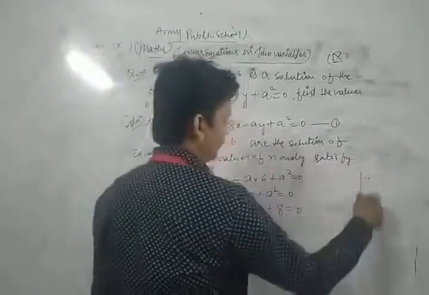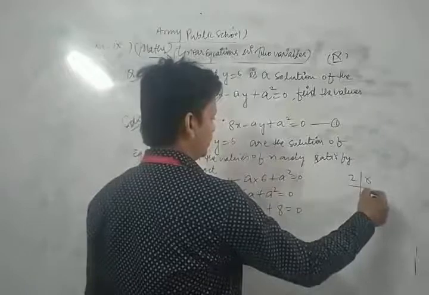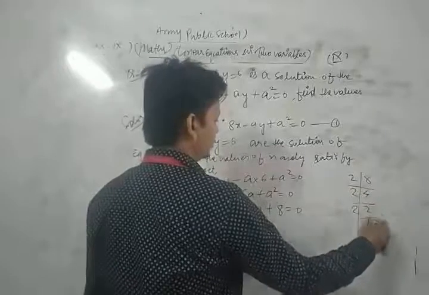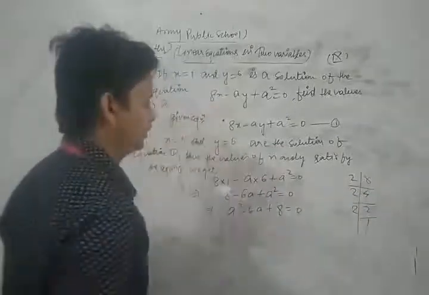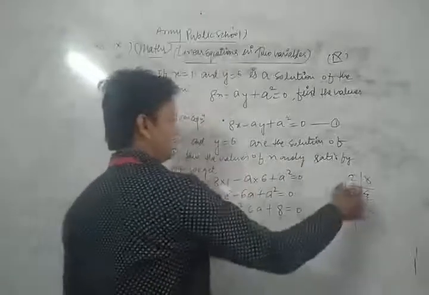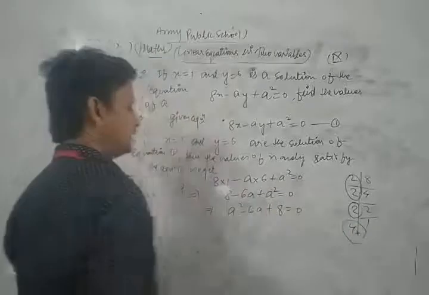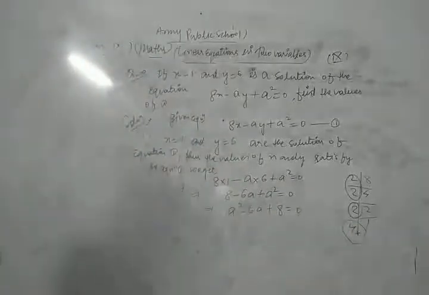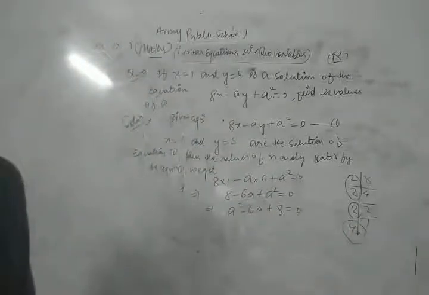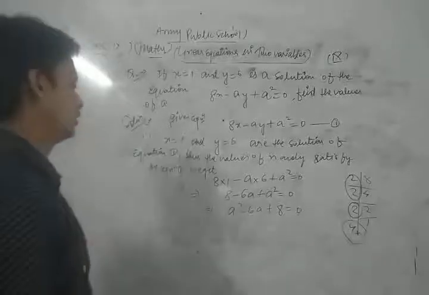Now we do the prime factorization of 8: 2 fours are 8, 2 twos are 4, and 2 ones are 2. Now we take two factors, 4 and 2, and split the middle term 6 as 4 and 2.